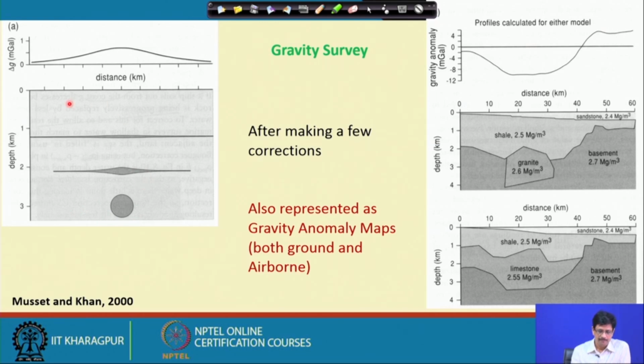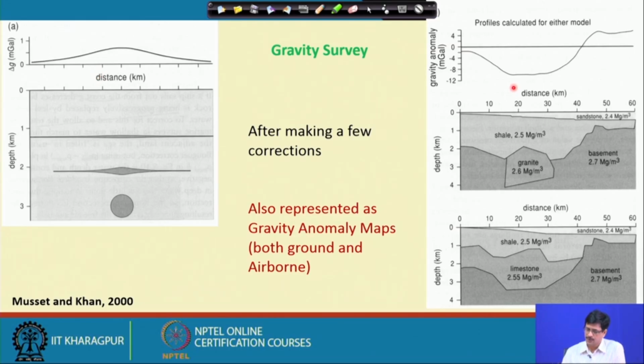For example, these three: a spherical body lying at a deeper part, or a lanceolate body lying a little shallower, or just a flat lying vein lying very near the surface, might all give a similar type of gravity anomaly in terms of milligal.